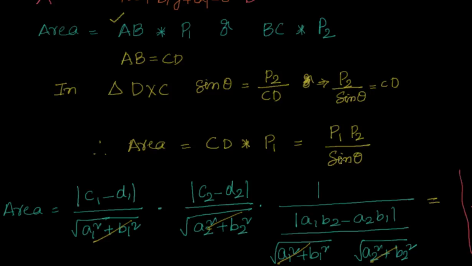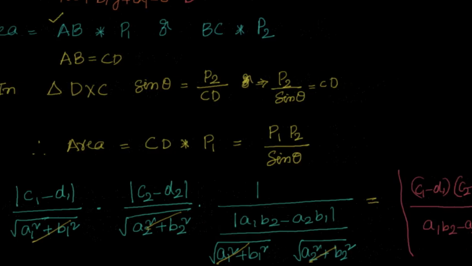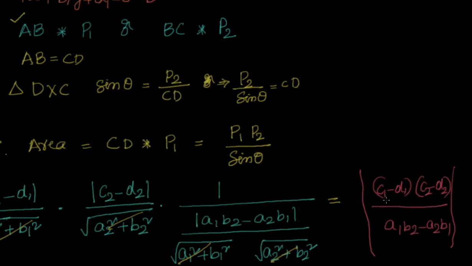And 1 by sine theta. Sine theta is A1 B2 minus A2 B1 by square root of A1 square plus B1 square into root of A2 square plus B2 square. That cancels out, and the formula we get at the end is C1 minus D1 into C2 minus D2 by A1 B2 minus A2 B1.